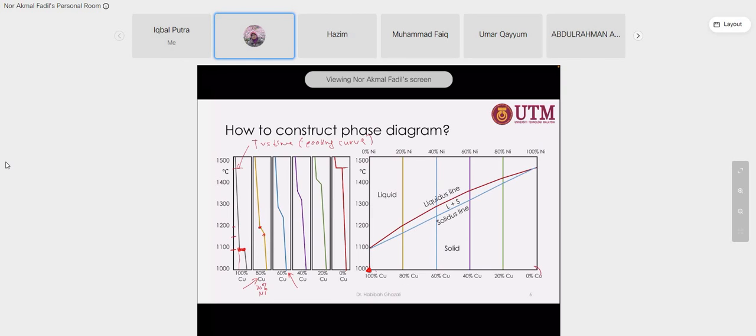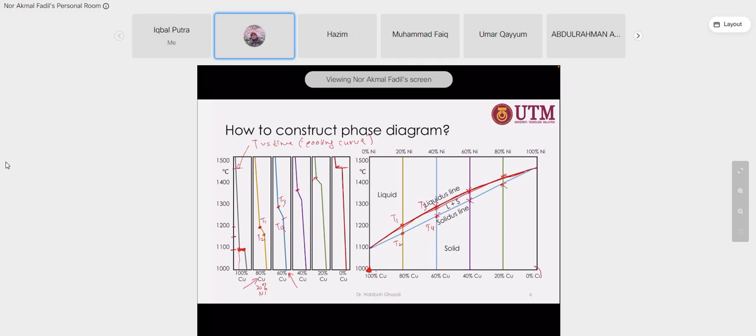So how do we construct the red and blue lines? This is temperature 1 and temperature 2, and this is temperature 3 and temperature 4. We mark them here, and then we construct a continuous line connecting all the points, the top line.